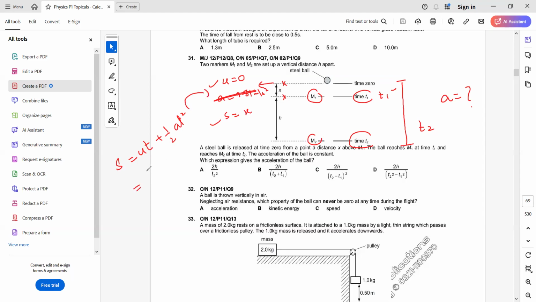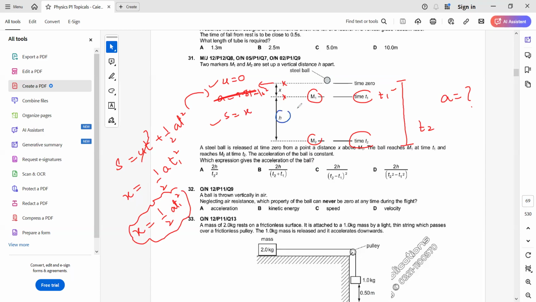I'm going to just plug in the values. That's 0 because u is 0. Half a is unknown, time is t1 squared, and s is x. So I have one of the equations that says x equals half a t1 squared, right? Now, if I want to move further, what happens next? So this distance is h, right?